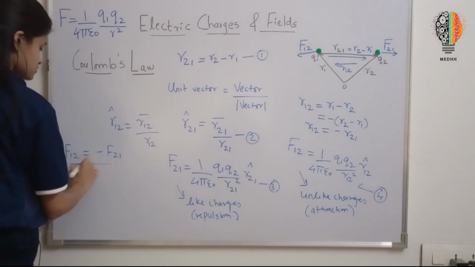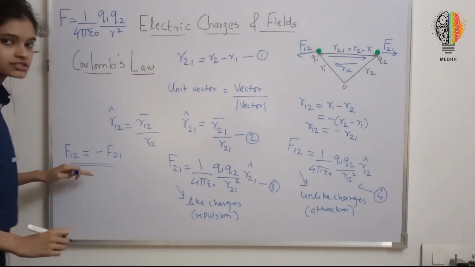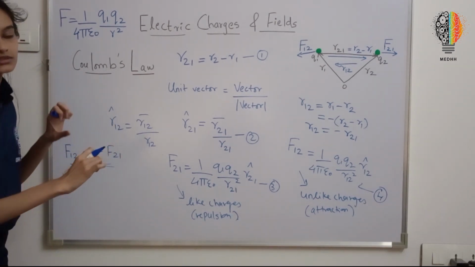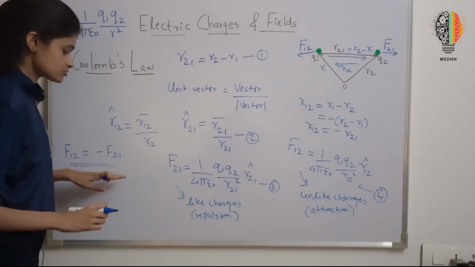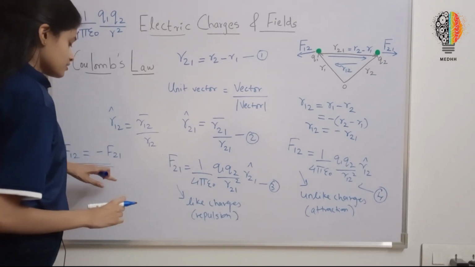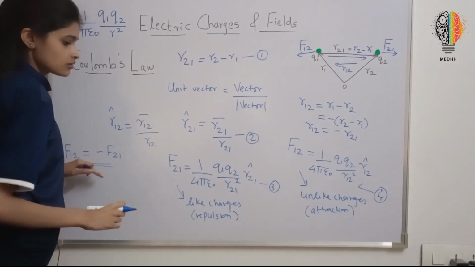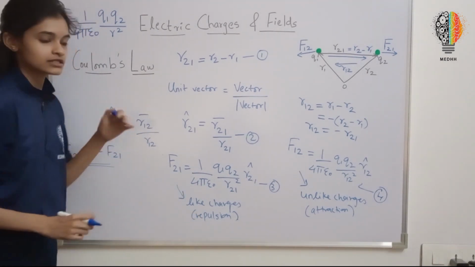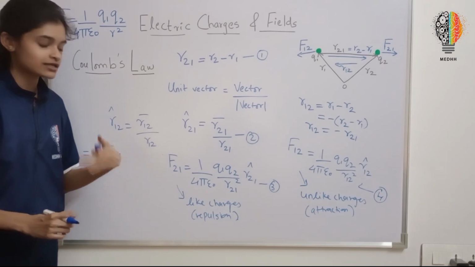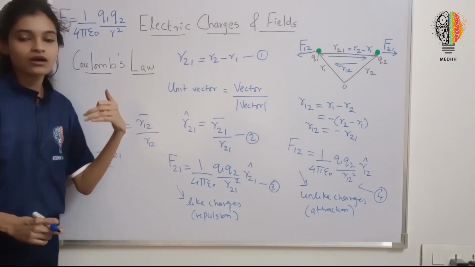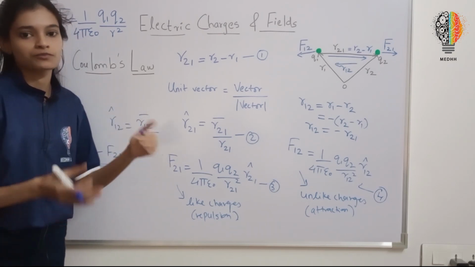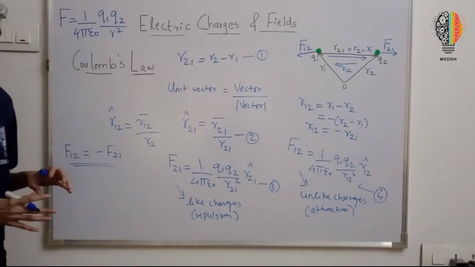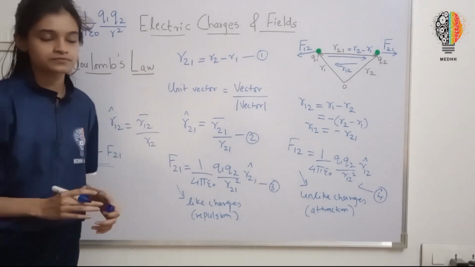So this indicates that the forces are equal in magnitude but opposite in direction. So we can say that Coulomb's law agrees with Newton's third law also, because in Newton's third law we say that the forces are equal in magnitude but opposite in direction. So we say that Coulomb's law agrees with Newton's third law.